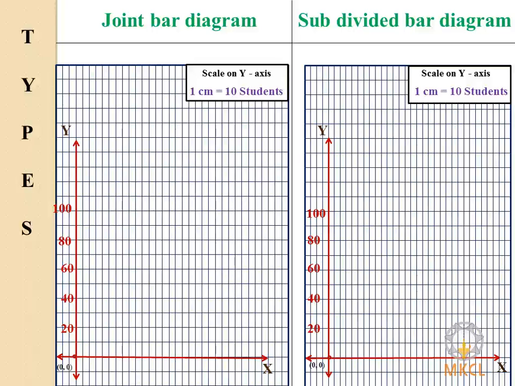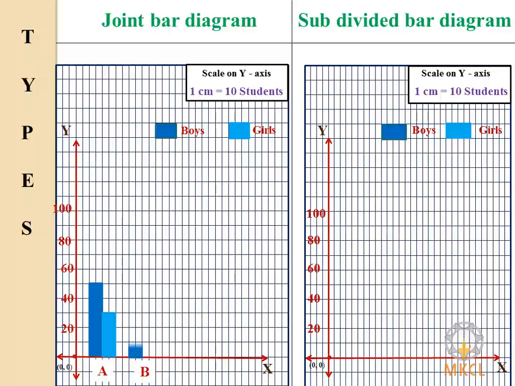Now first we see the joint bar diagram. There are two types, boys and girls. So we denote boys with dark blue color and girls with faint blue color. Now, in division A, there are 50 boys and 30 girls.